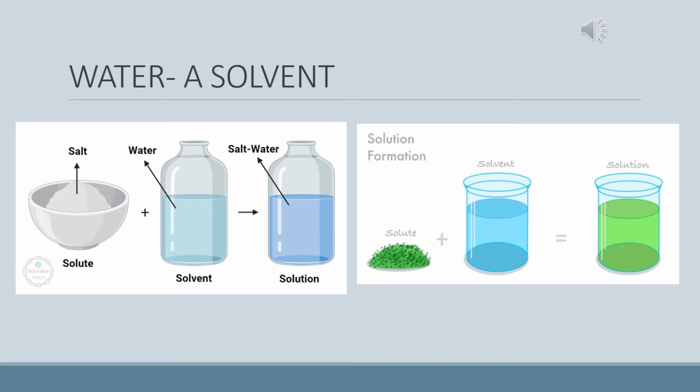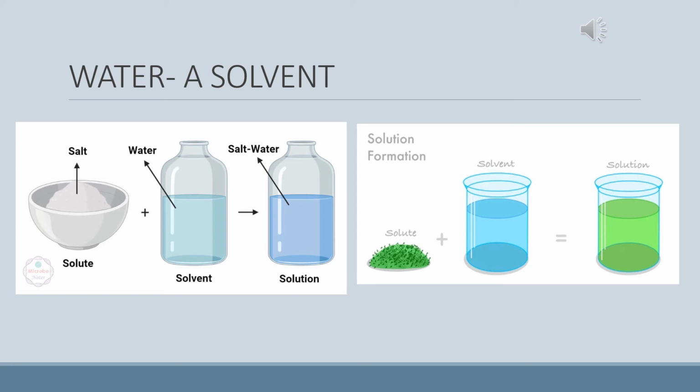As we can see in the salt water solution, the salt is less in amount and water is higher in amount. So the water will be the solvent and salt will be the solute. Together, the solute and the solvent form a solution.